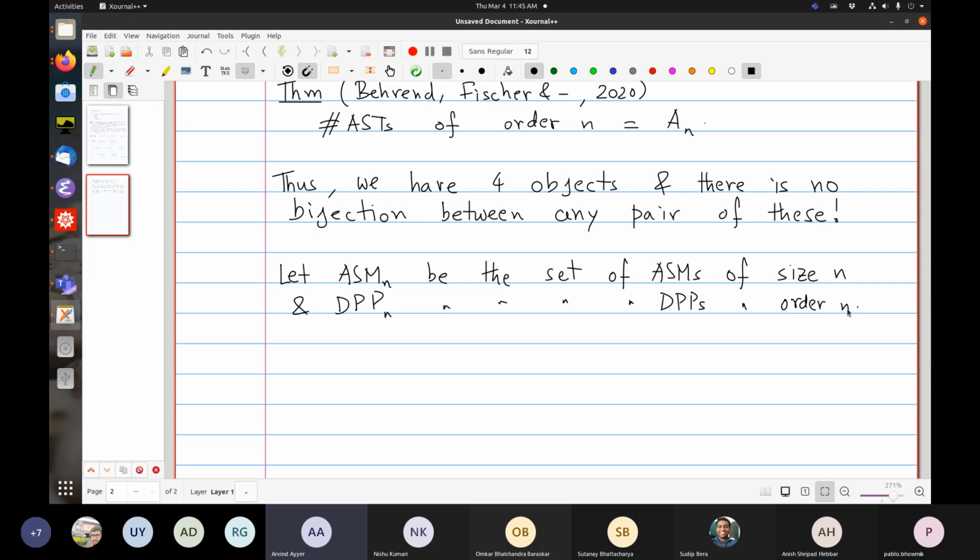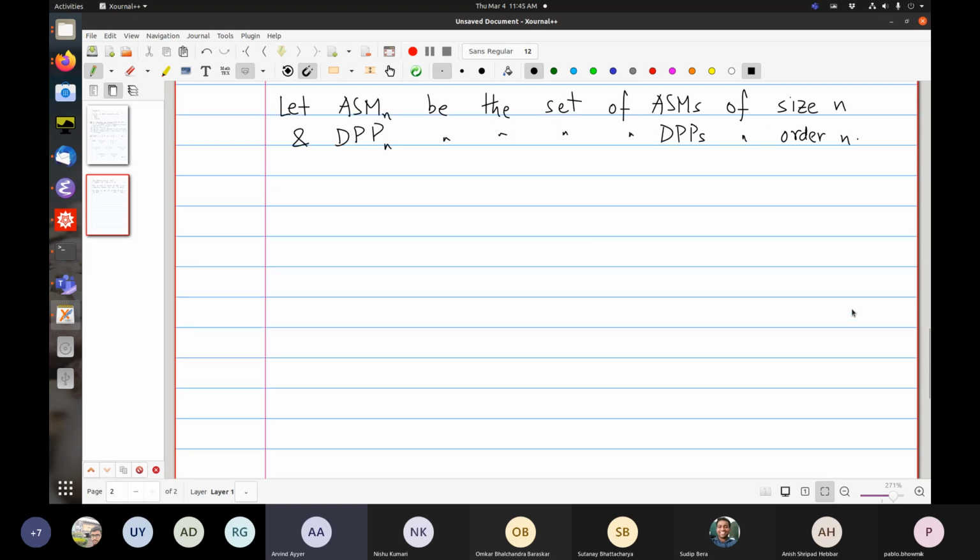Now I'm going to give you 4 statistics, and I will use my usual operator overloading to use the same symbol. So let A be an ASM of n, and D be a descending plane partition of order n.